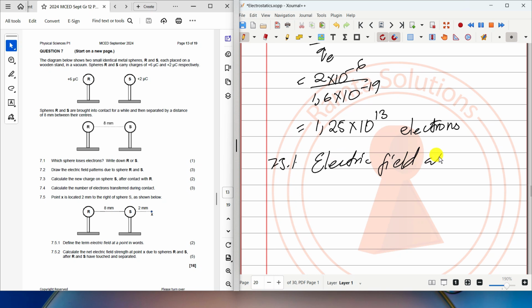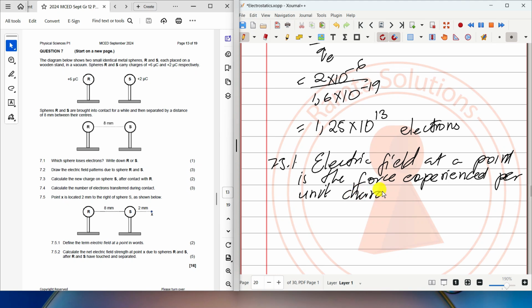Electric field at a point is the force experienced per unit charge at that point. All right, you got it.